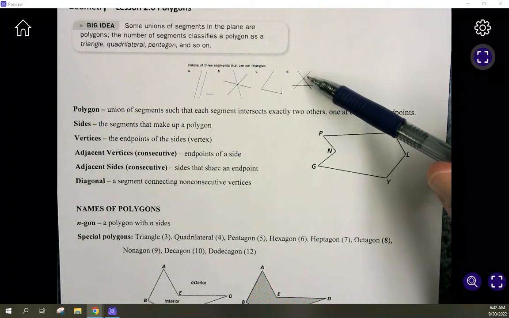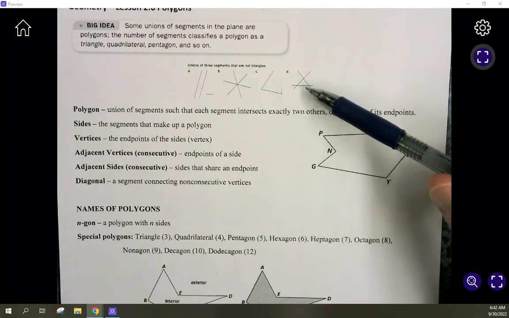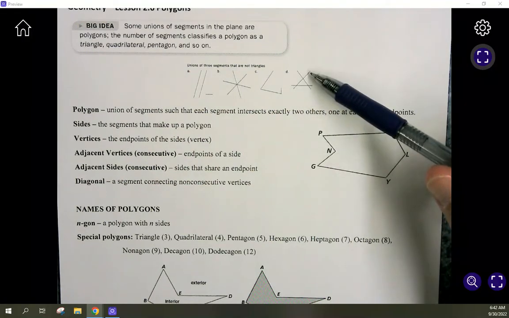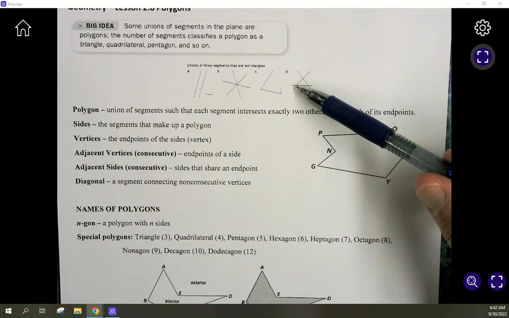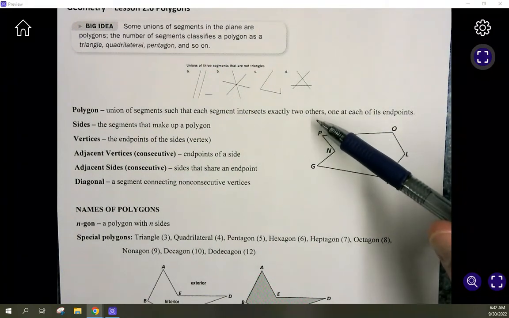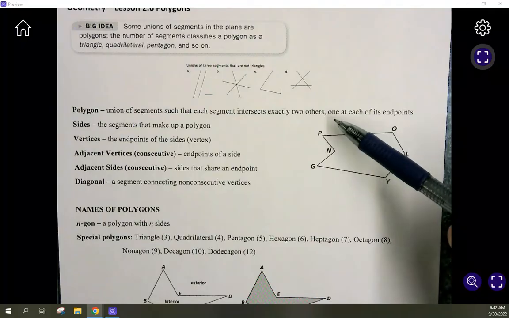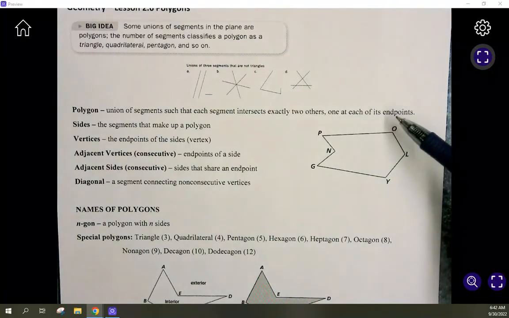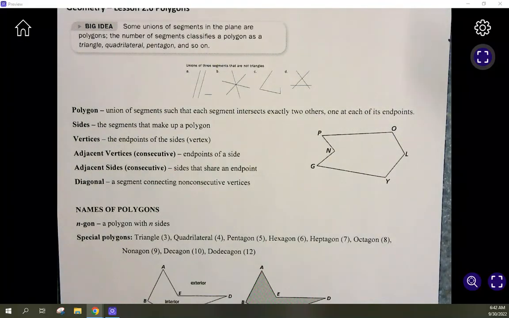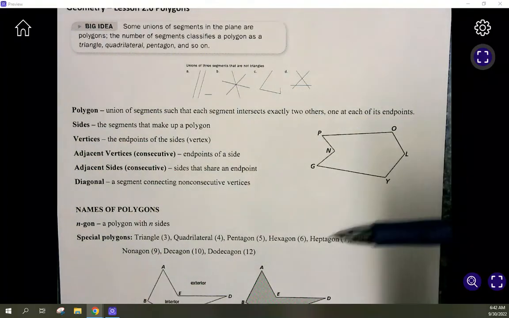That's happening here. This segment intersects 1, 2. This segment intersects 1, 2, and this segment intersects exactly two others. So we have to be a little more specific. The intersection has to be at each of the endpoints. So the intersection has to occur at the end of the segment, and then we have a polygon. Okay, so now we've given it a good definition.